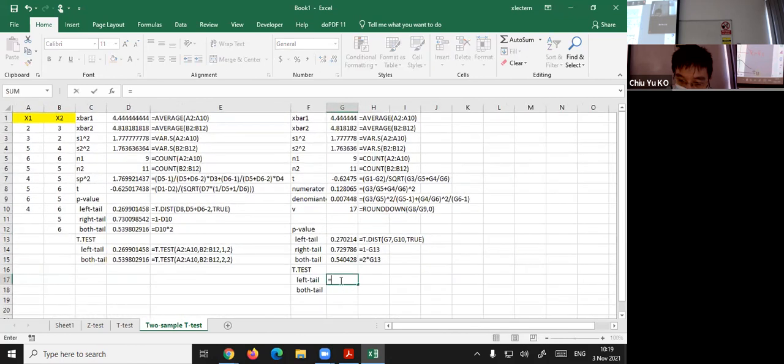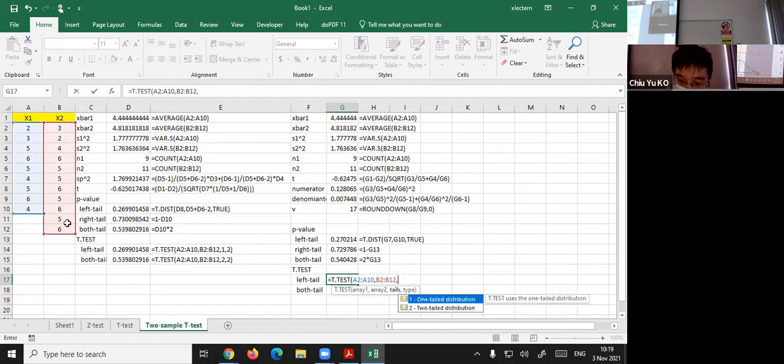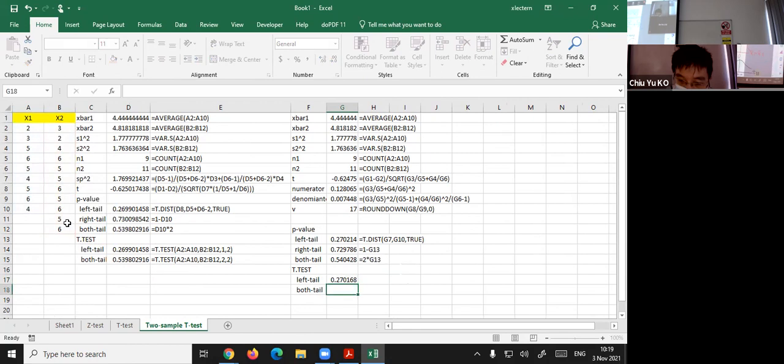We can confirm it using the t-test. Array 1, array 2. And we have 1 tail, 2 tail. They're slightly different, but it shouldn't be an issue.